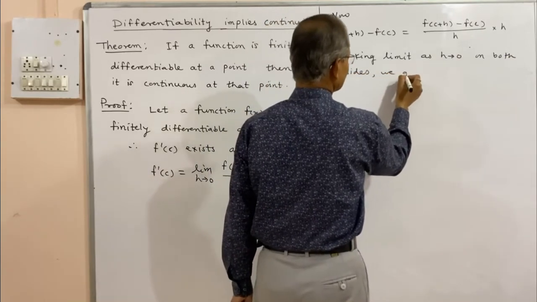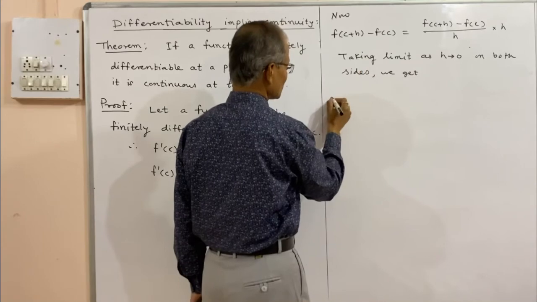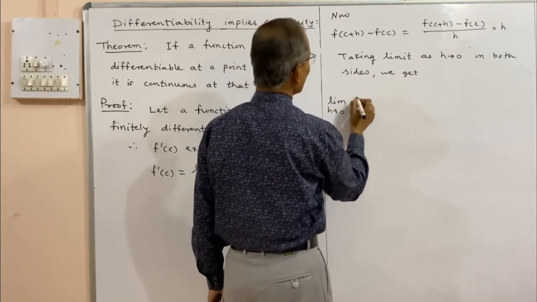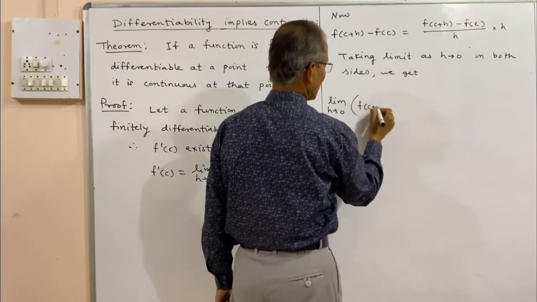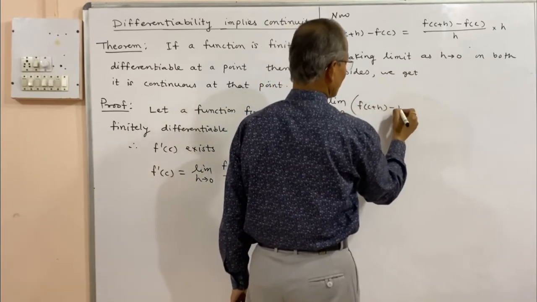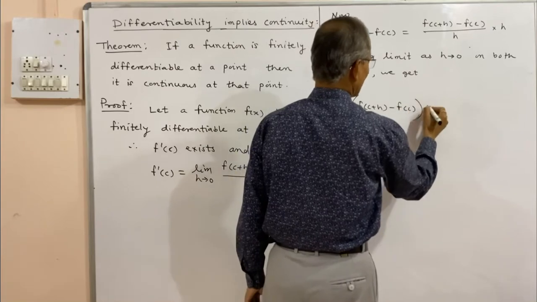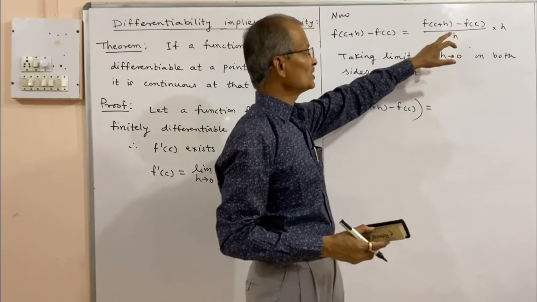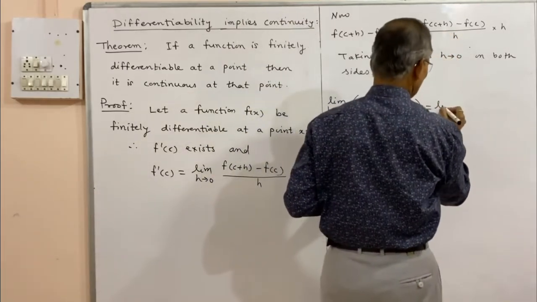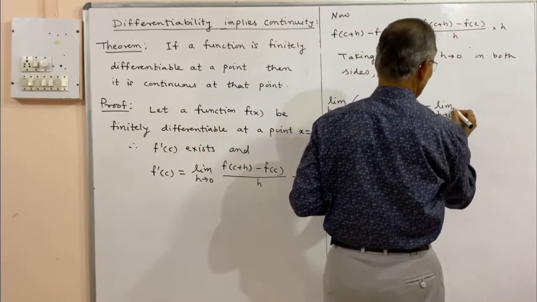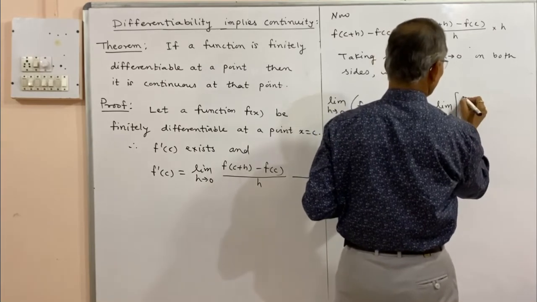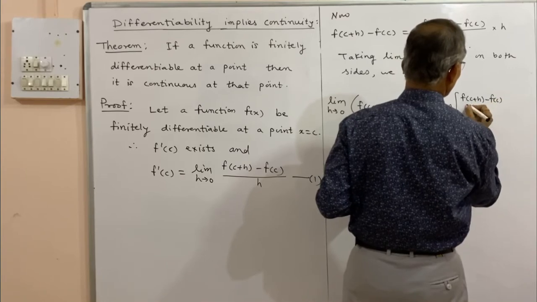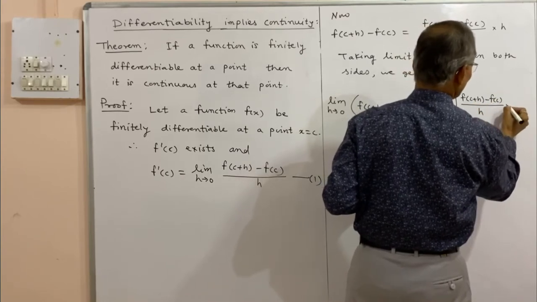We get, limit h tends to 0, f of c plus h minus f of c is equal to the limit of the right side, limit h tends to 0 of the whole right side, which I shall write in brackets, f of c plus h minus f of c divided by h into h.